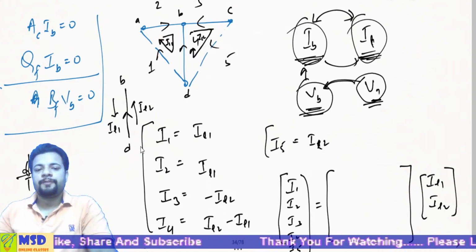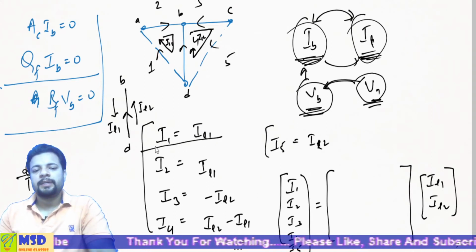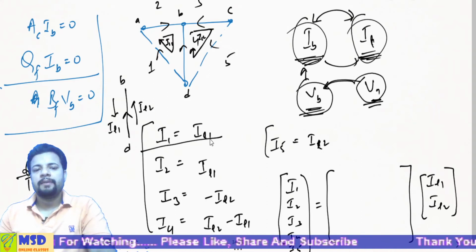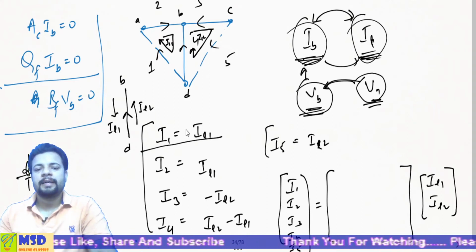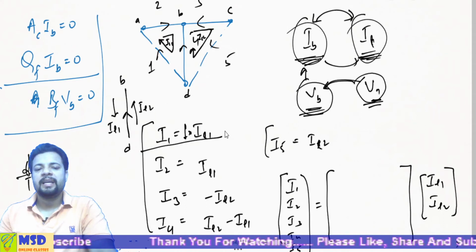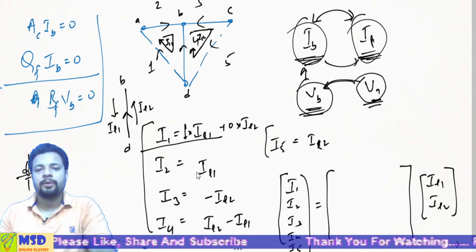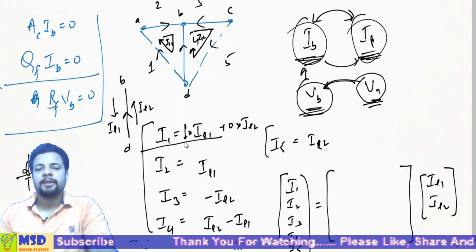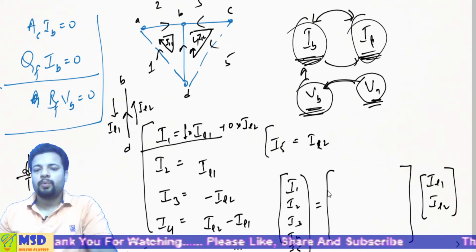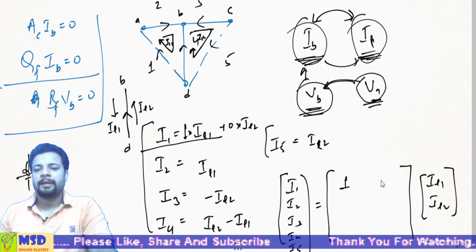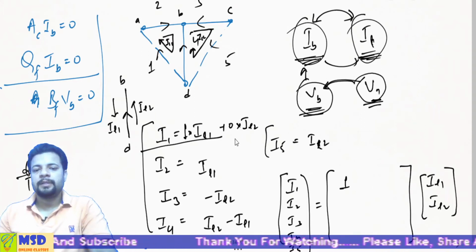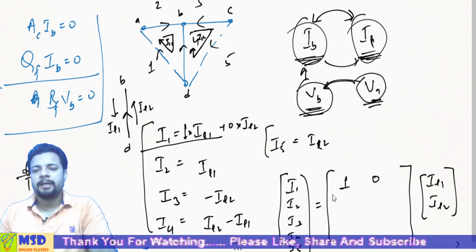Now, the first equation is I1 is equal to IL1. So I can also write it as 1 into IL1 plus 0 into IL2. I hope I'm clear here. So with IL1, I'll multiply 1, and with IL2, I'll multiply 0.